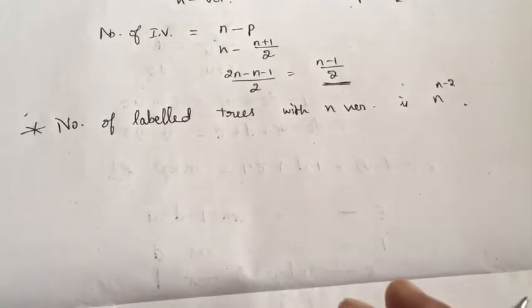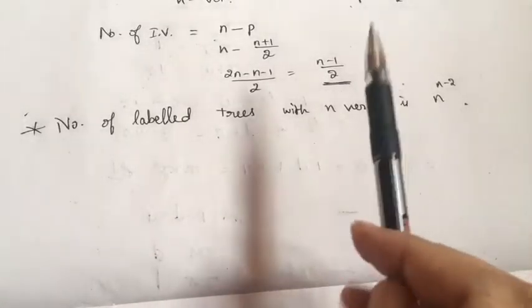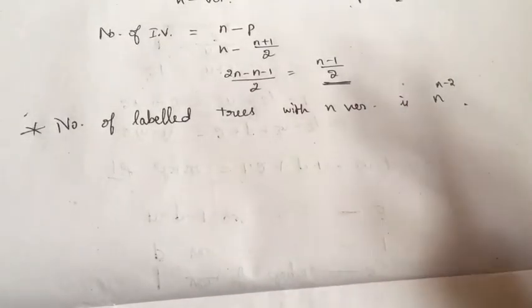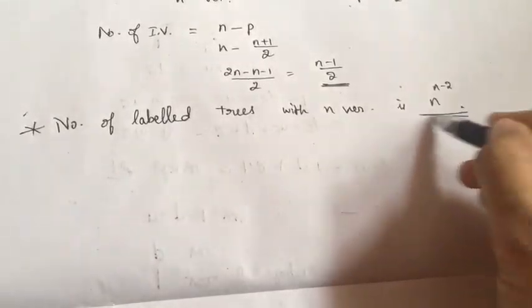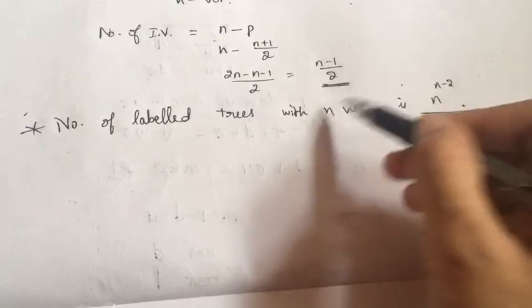This is just a note. You should remember, we are naming the vertices. Even in a tree, if we do that, then it becomes a labeled tree. If T has n vertices, then in how many ways can we draw the tree? In many ways I can draw. So that is many labeled trees I am getting. And how many such labeled trees exist if I have n vertices in my tree? That is n power n minus 2.